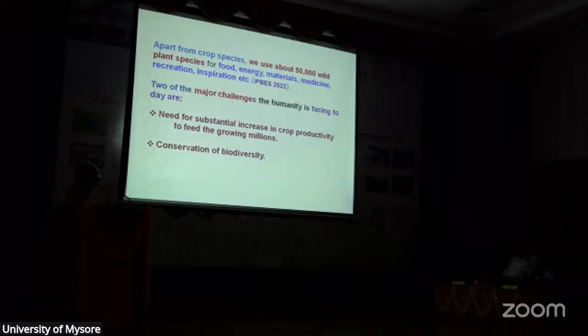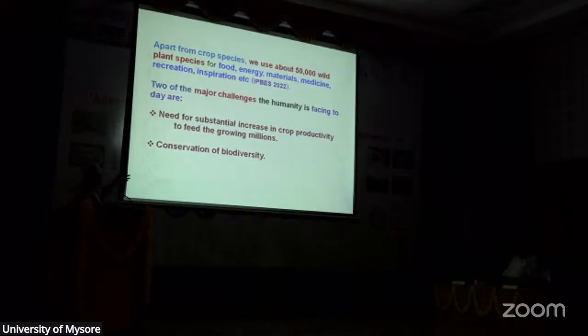Apart from crop species, on which of course we know how much we depend, we use about 50,000 wild plant species, whether for food, energy, materials, medicine, recreation, inspiration, and so on. This is according to IPBES.